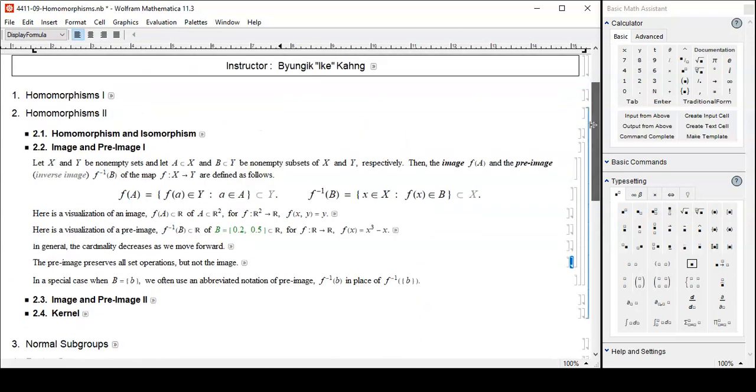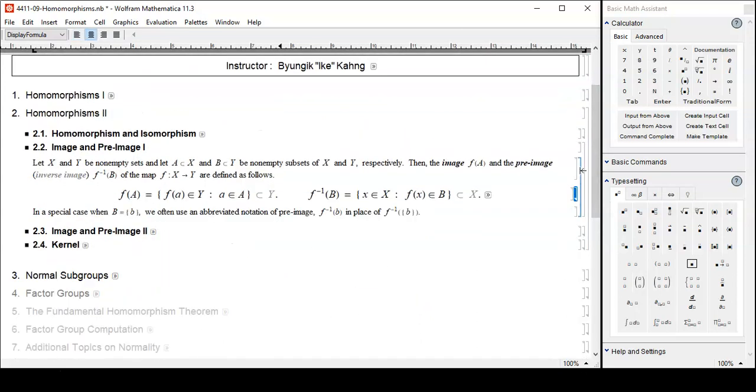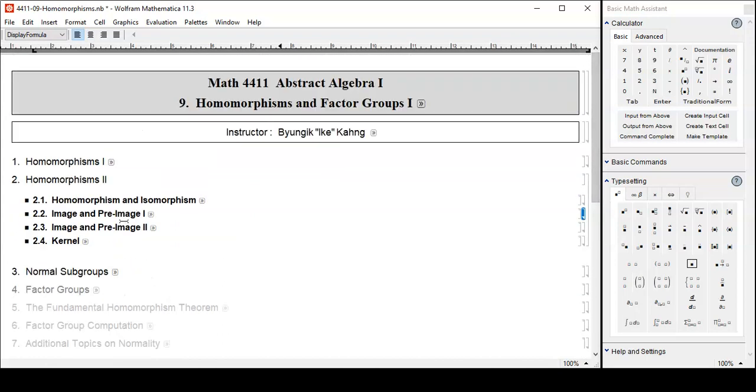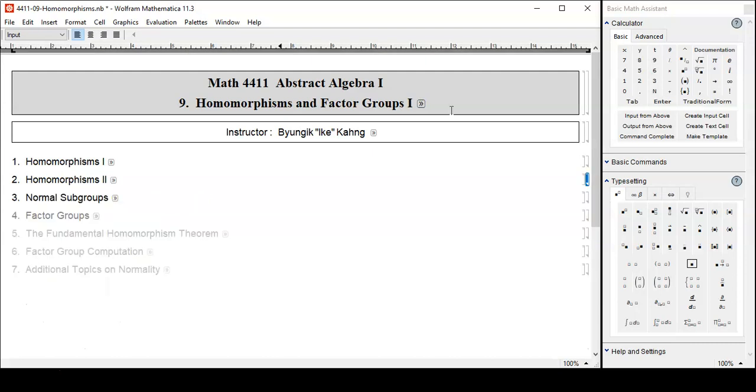Okay, so much for the preparation. In the next video, we're going to talk about images and preimages in a special case when the map is not just a map, but a homomorphism from one group to another group. In that case, things are a little bit different, and we're going to study those.